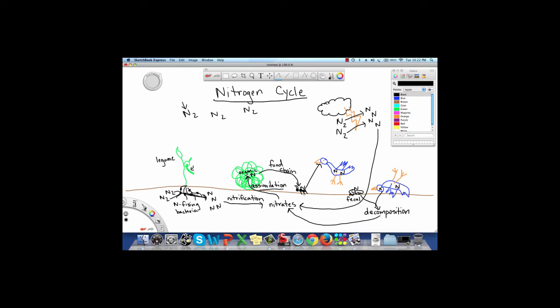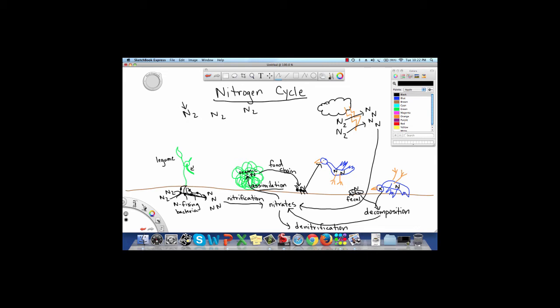The other way that these nitrates can go is into the last step of our nitrogen cycle called denitrification. So I'm going to draw an arrow here. Denitrification. Remember those nitrogen-fixing bacteria that live on the roots of legumes?